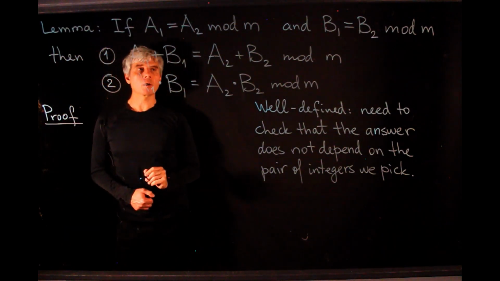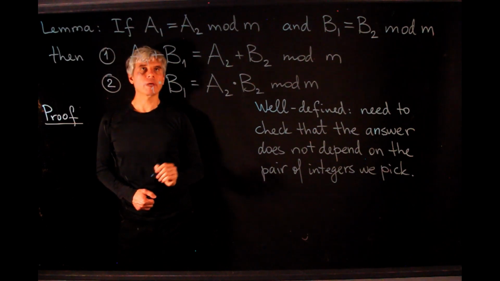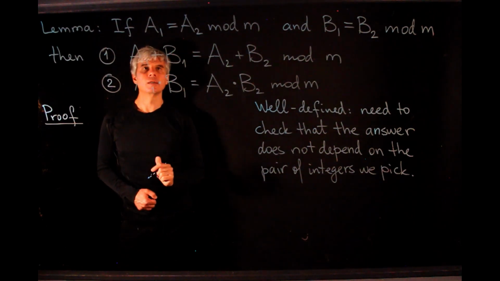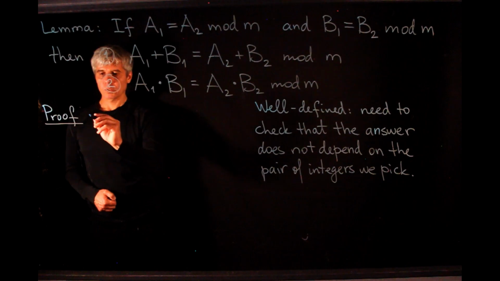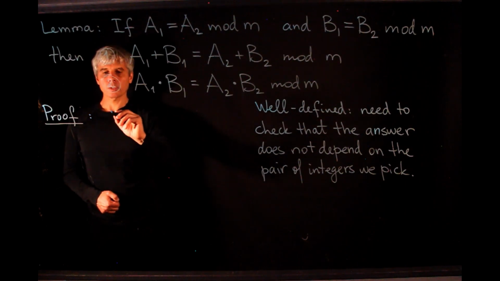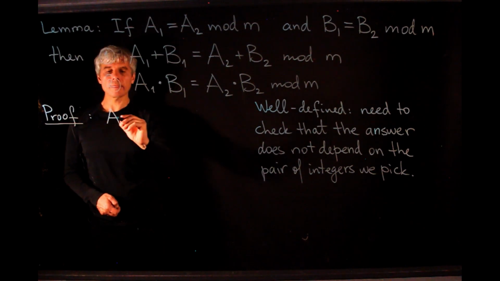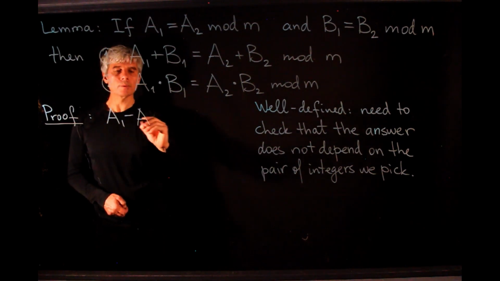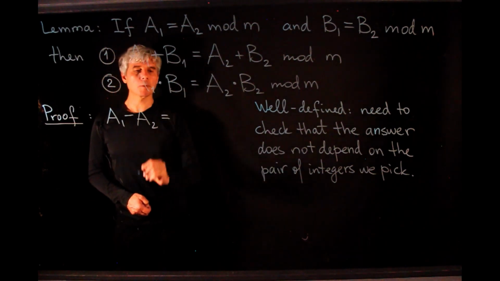So we recall that having the same remainder means that the difference between the two numbers is divisible by m. So we can write that A1 minus A2 is divisible by m.